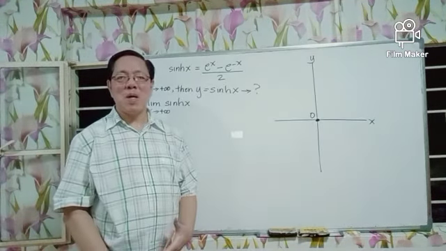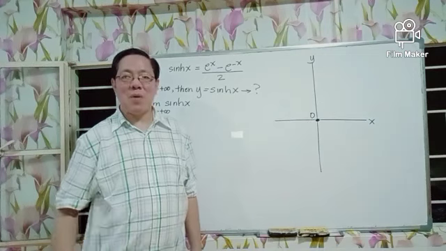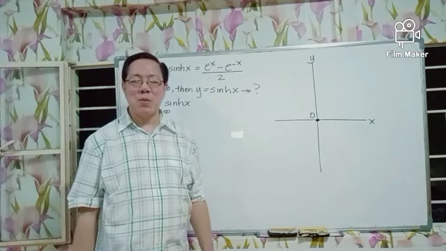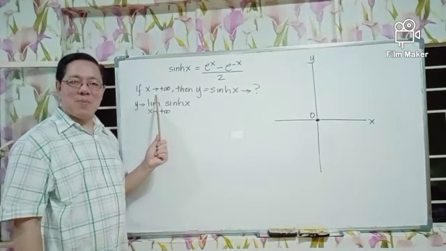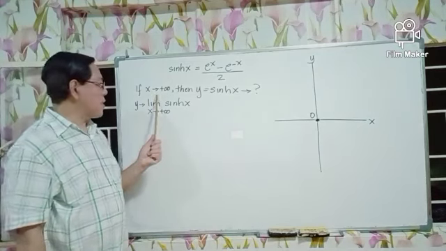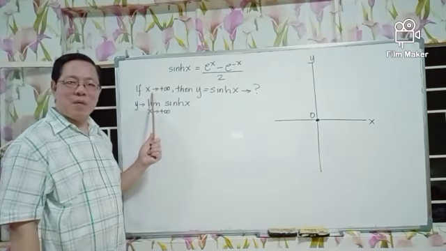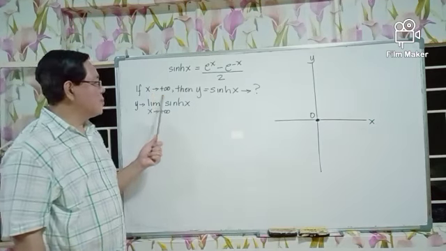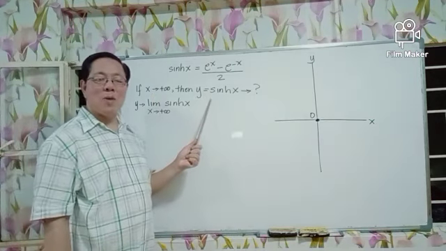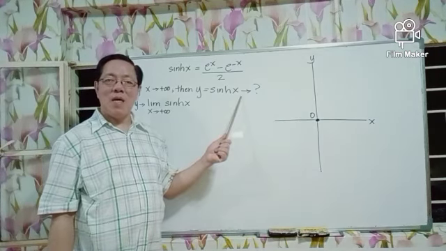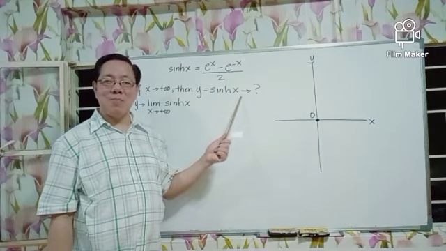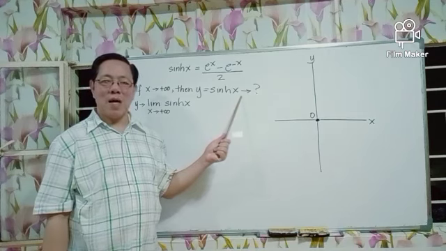We now find to what number the value of the hyperbolic sine of x will approach if we let x approach positive infinity. That is, if we let x become bigger and bigger, larger and larger, then y equals the hyperbolic sine of x will approach what number? And that number is what we call the limit of the hyperbolic sine of x.